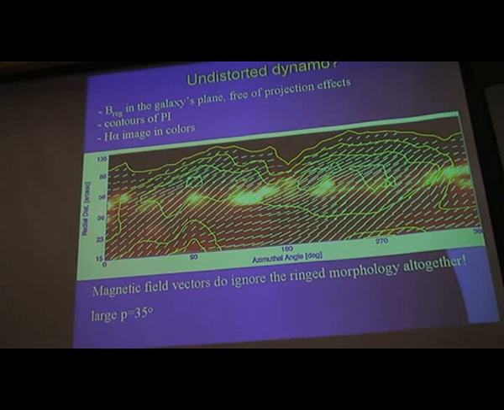The spiral feature in this frame should be a straight line inclined by the pitch angle. As you can see, magnetic fields make a very coherent structure and are inclined to the ring, plotted here with the H-alpha image, with a pitch angle which is quite high, 35 degrees.